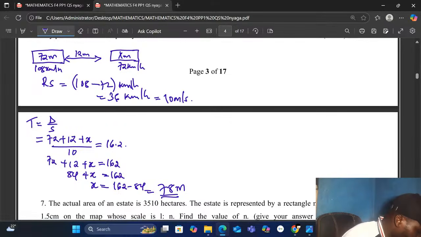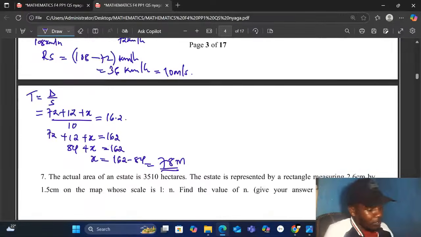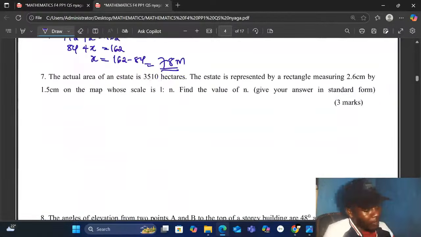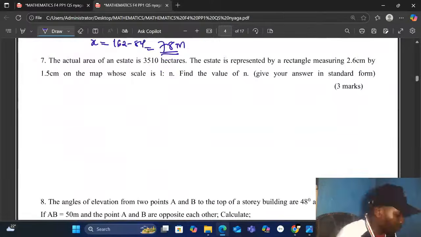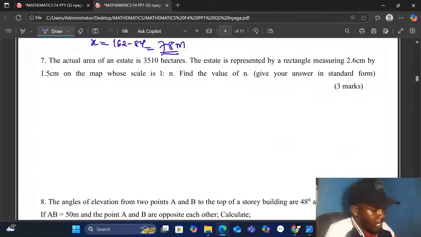Now, we move to the next one, question 7. The actual area of an estate is 3,510 hectares.